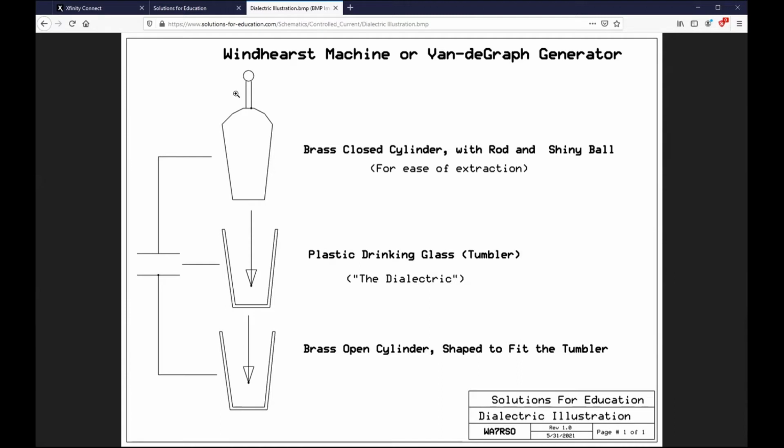However, we knew that after a little bit of time, we could take a Pomona test lead that had bananas on both ends, and we could put one on the base and one up here on the ball, and we could draw a spark about 1.5 inches long. And when we did that, the snap of that thing was enough to make people kind of jump out of their seats. We did this a few times just to show them that this thing here can really take a charge.